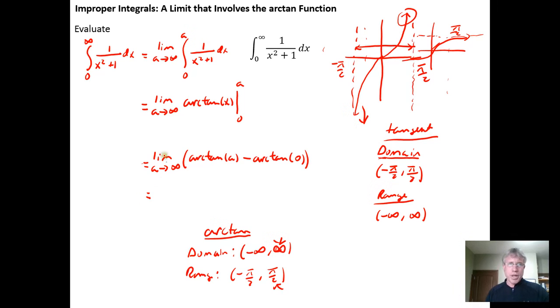So this limit, as a goes to infinity of the arctangent of a, is going to say, hey, as it goes to infinity, the outputs get closer to pi over 2, and the arctangent of 0, this is a tangent function, goes through 0, 0. So the arctangent function is also going through 0, 0. So the arctan of 0 is 0, and we get just pi over 2 as our limit.